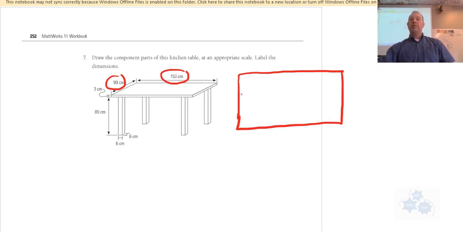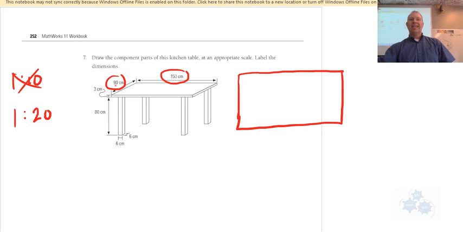Right? Do a 1 to 10 ratio. If that fits on your paper, great. If it doesn't, you might have to choose a different scale. So instead of 1 to 10, then you might have to go 1 to what? Do we move this number up or down? 1 to 20? Okay, let's see. Would that work? So then you need to divide each of these numbers by 20.